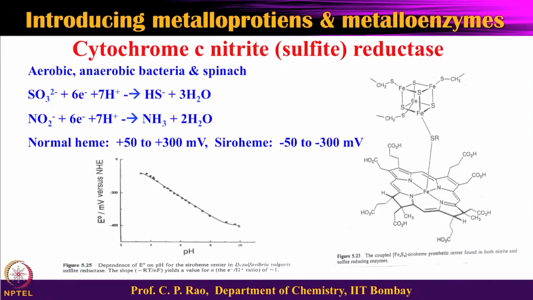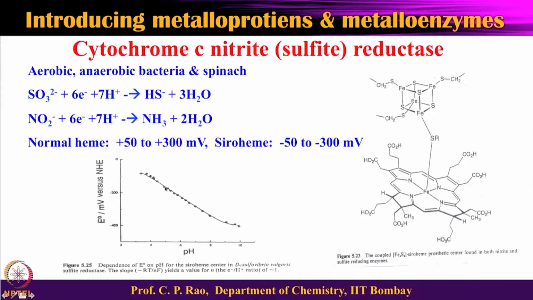So, you need a very strong reducing center, and that is why nature has decided to put a different kind of reductive center than the normal one. We have seen iron sulfur cluster and heme as a combined one, and this is because you require a very high negative potential, and this kind of thing will show a more negative potential, minus 50 to minus 300.